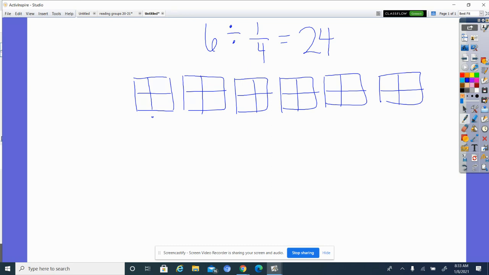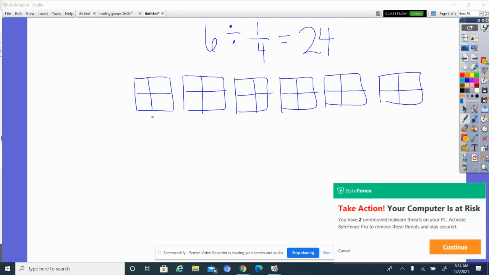Find a common denominator, right? When we multiply fractions, what did we need to do? Put the whole number over one and multiply straight across. Different rules, right? When we divide by fractions, we do something completely different.